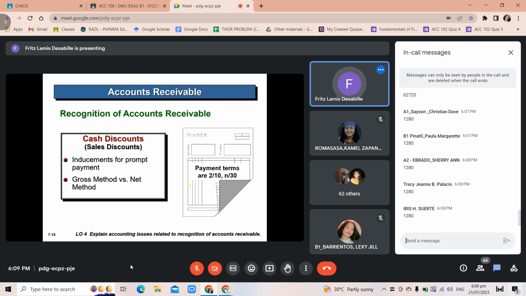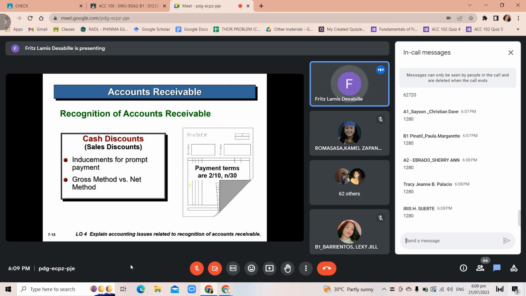If you're already familiar with basic accounting, there are two ways of accounting for accounts receivable: the gross method and the net method. If we say gross method, we record our accounts receivable at face amount or in full. So if our accounts receivable is 100,000, we record 100,000 under the gross method.